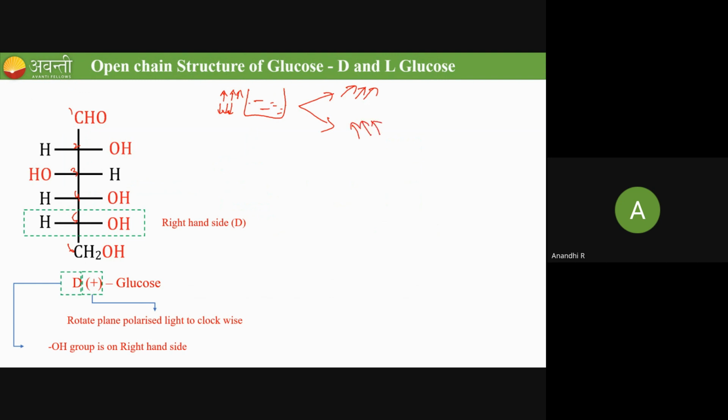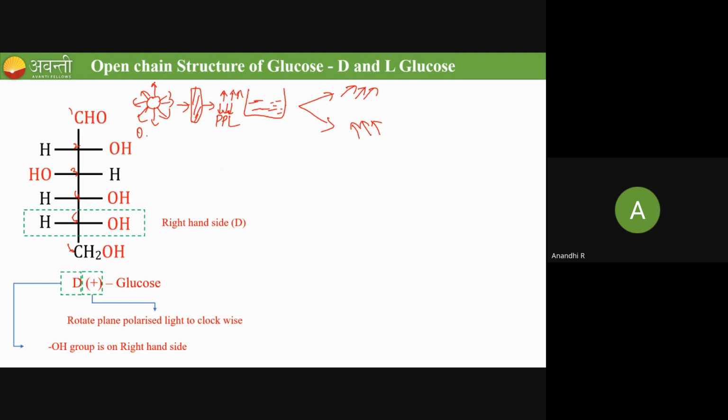then such compounds are called optically active compounds. How do we get this plane polarized light? We pass the ordinary light. This is the ordinary light. When we pass this ordinary light through a polarizer, we get plane polarized light.